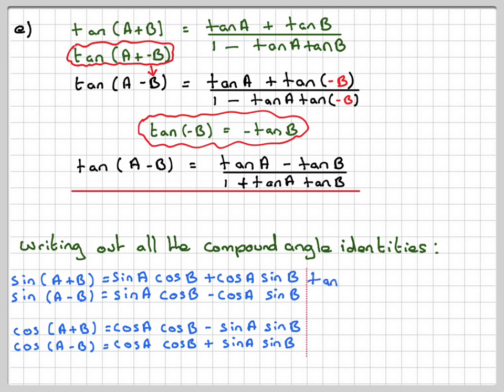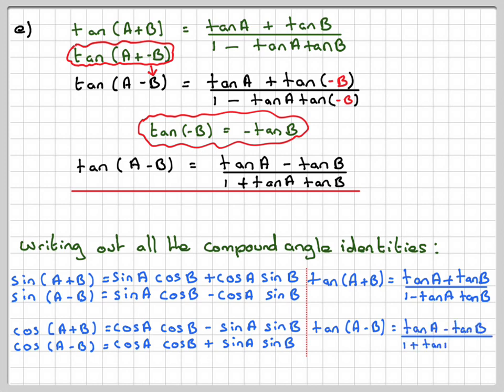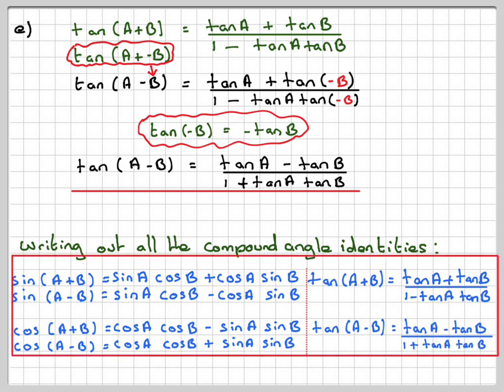And then tan of A plus B, and then tan A minus B is going to be tan A minus tan B over 1 plus tan A tan B. Now, you don't have to learn these, but a good mathematician should actually learn them and should be able to call upon them. So this has been a video that's derived all the compound formulae.